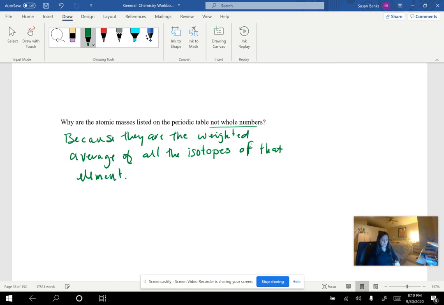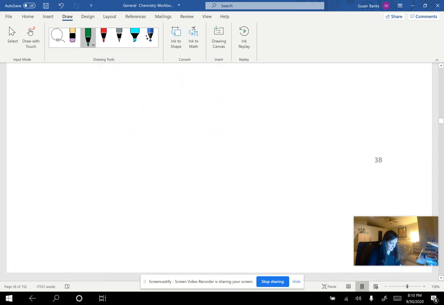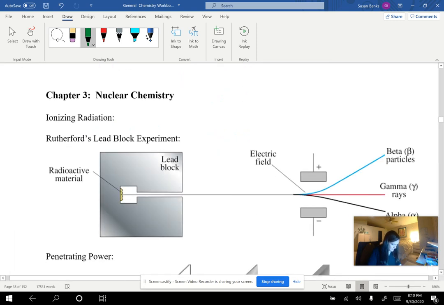Okay, so you're never going to really land on a completely whole number when you're doing a weighted average of all the element's isotopes. There are isotopes for every single element out there.